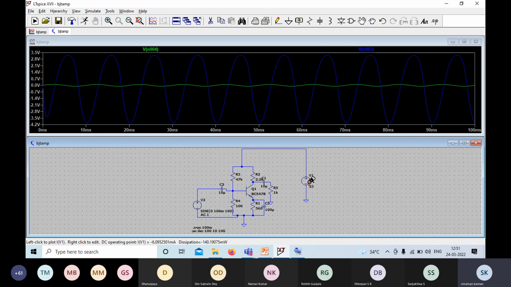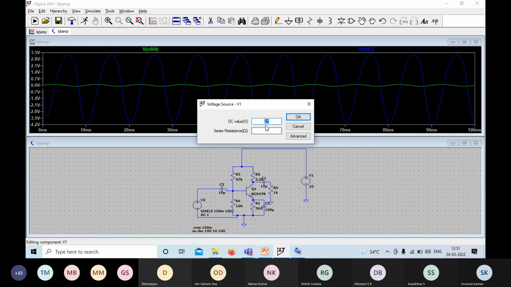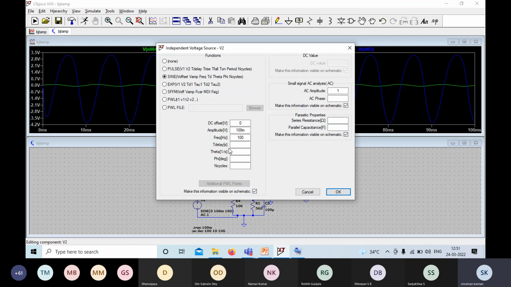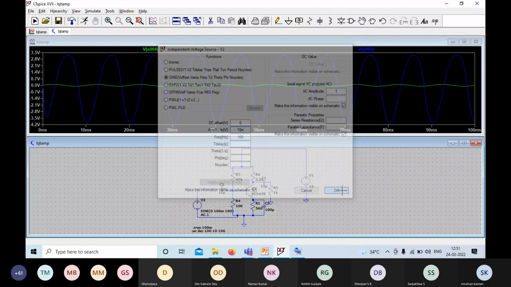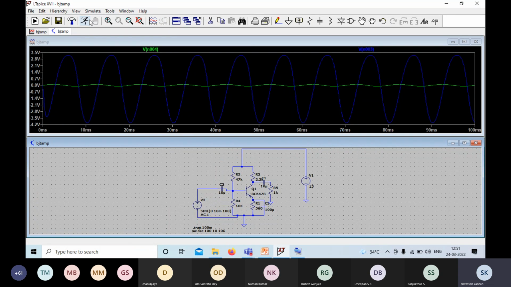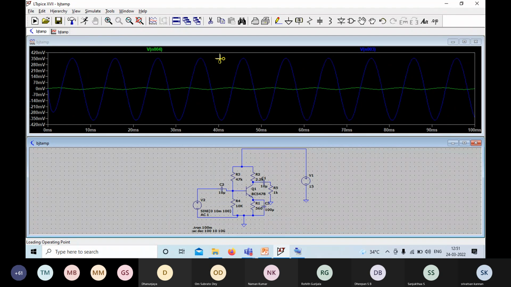Otherwise, the output waveform will be distorted. So 15, and this is 10 millivolt. Now I'll get the correct waveform. Let us see what will happen if the capacitor is removed.